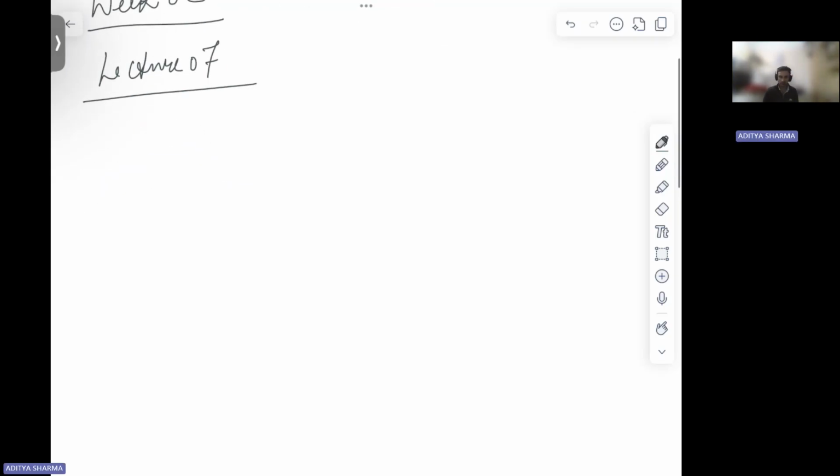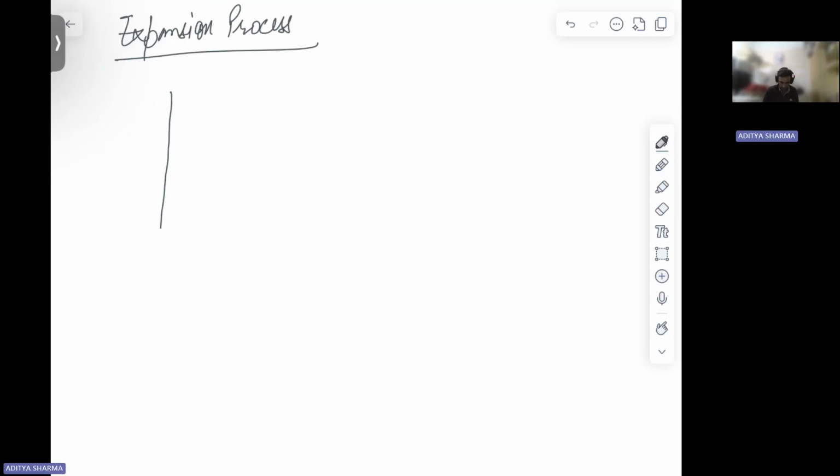So lecture number 7. Now, using the Mollier diagram, expansion process: the Mollier diagram is basically an h-s diagram. Because we are talking about isentropic flow, the entropy will remain the same.